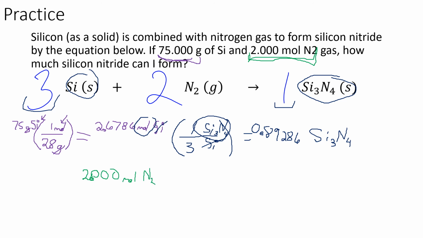We'll do the same process again. I'm going to go back to blue so you see that I'm getting it from the same place. Cancel out my N2s, gonna leave silicon nitrides.